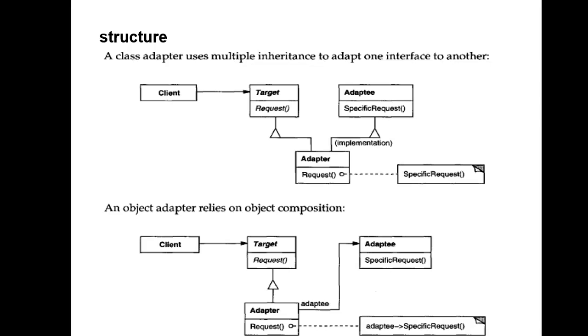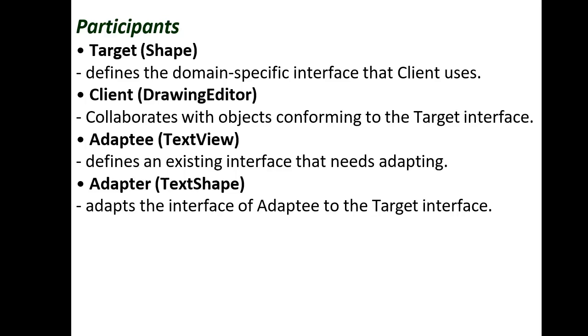So we have client, target, adapter, then adapter extends target, and in the adapter the method is request, which services the specific request. In the object adapter it is the same thing: client, target, adapter, adaptee, and the adaptee will serve the specific request.